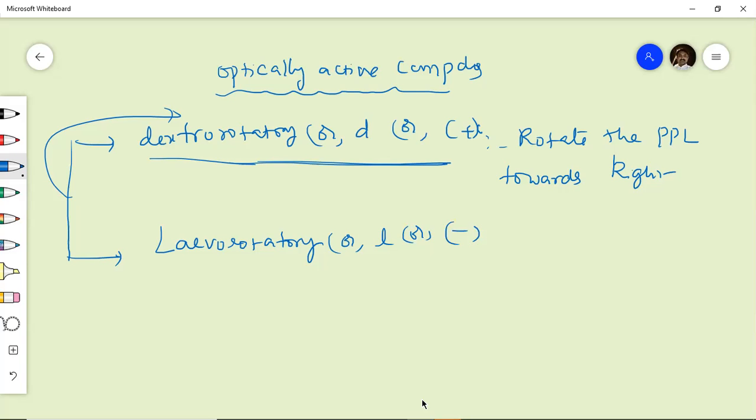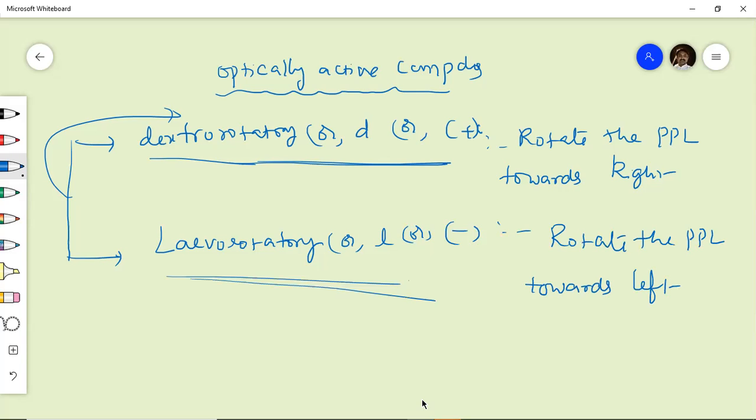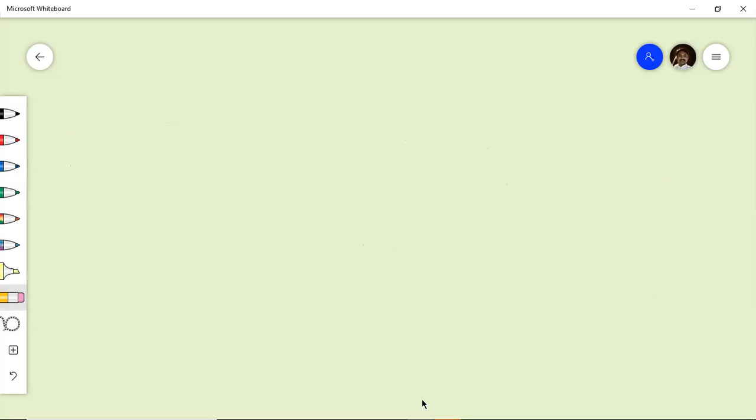These compounds rotate the plane of polarized light towards the left. That is why we call them levorotatory, minus. Okay, now we will see the details about inactive compounds.